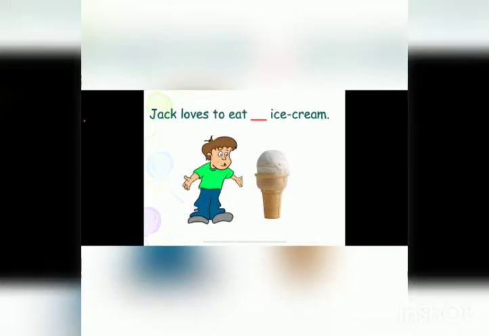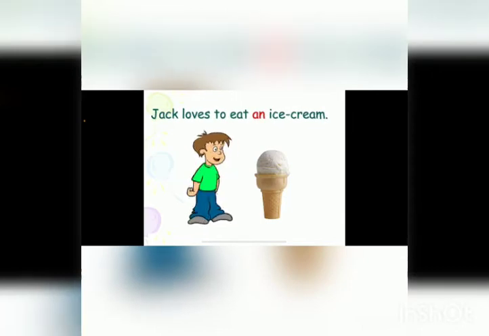Oh wow, I love ice creams. Do you? Well, Jack loves to eat dash ice cream. Here the word ice cream starts with the vowel I and has a vowel sound. So which article are we going to use? We will use an and we'll say Jack loves to eat an ice cream.